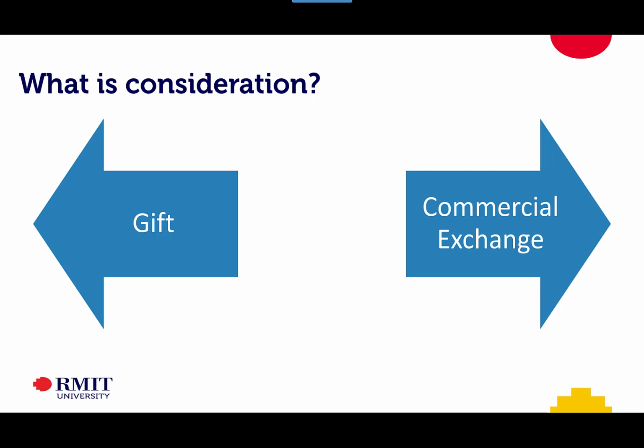On the other side of the spectrum, people who know each other and are family members or good friends might exchange things all the time, but they've got no intention of ever being bound. There's no contractual requirement.